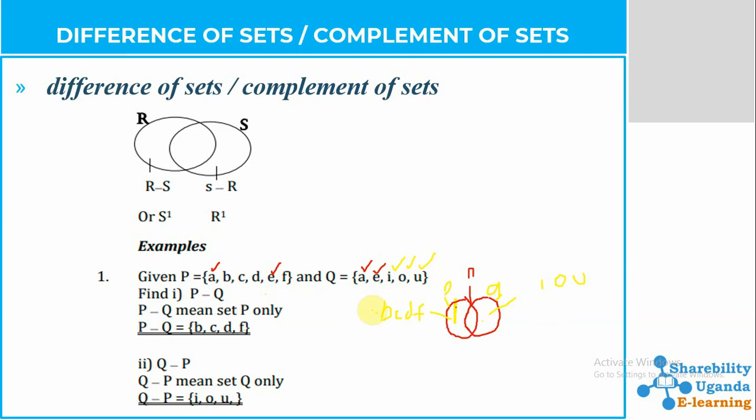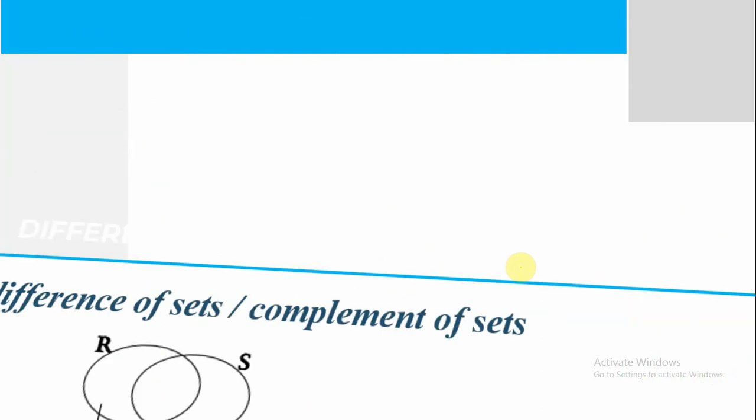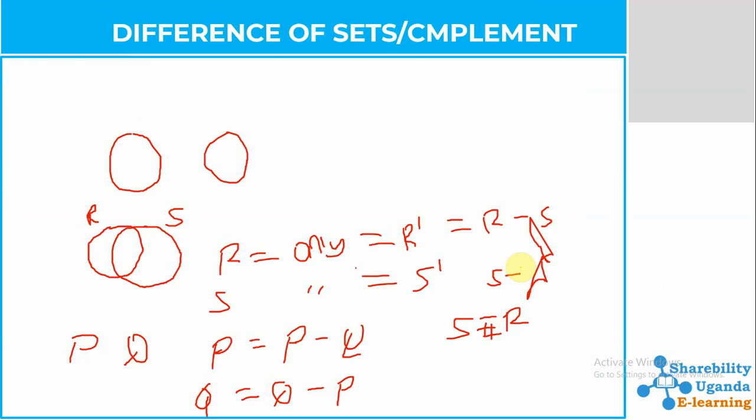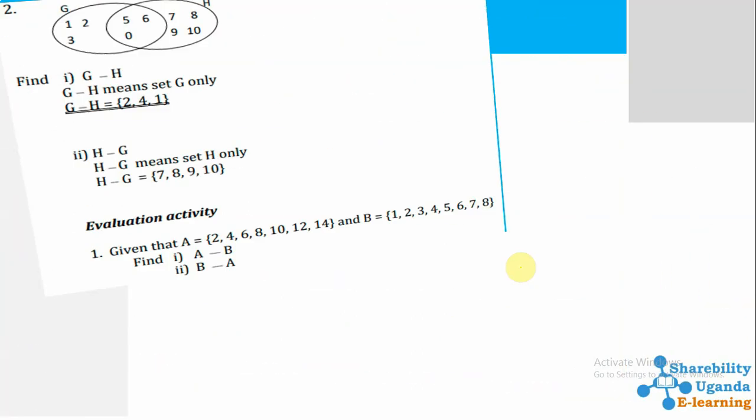When they say P minus Q, you know that that is a set. Be able to identify the common members. Then the members which are remaining are the members of P only, and the members which are remaining in Q are the members of Q only. Okay, so let's move ahead and see this.